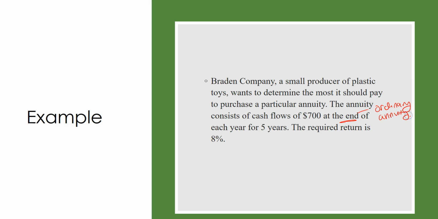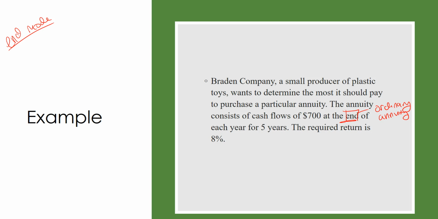Now with an ordinary annuity, it occurs at the end of the period. So the key thing here is that you have to make sure that your calculator is in end mode. Your calculator is usually in end mode, so it doesn't require anything that you have to do. We're going to get into situations where it needs to be in begin mode in just a few minutes.